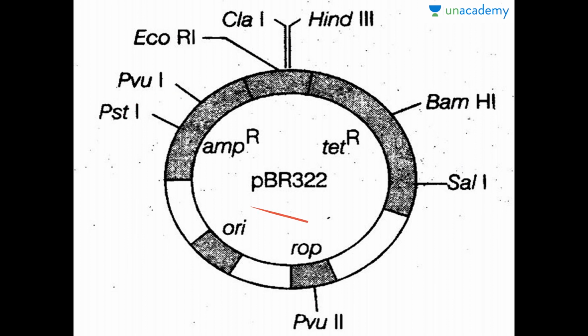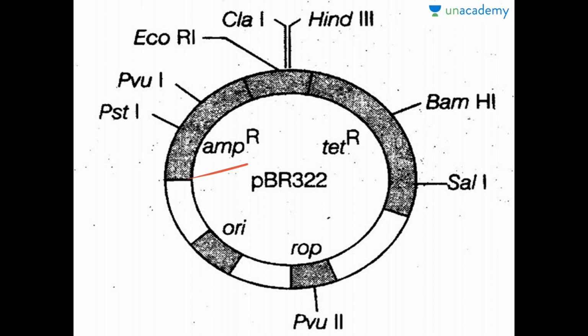It has selectable markers, AmpR and TetR. Amp is the antibiotic ampicillin, Tet is another antibiotic, tetracycline, and R represents resistance. When these vector DNA replicate, they will make copies of DNA containing the desired DNA with this vector DNA.